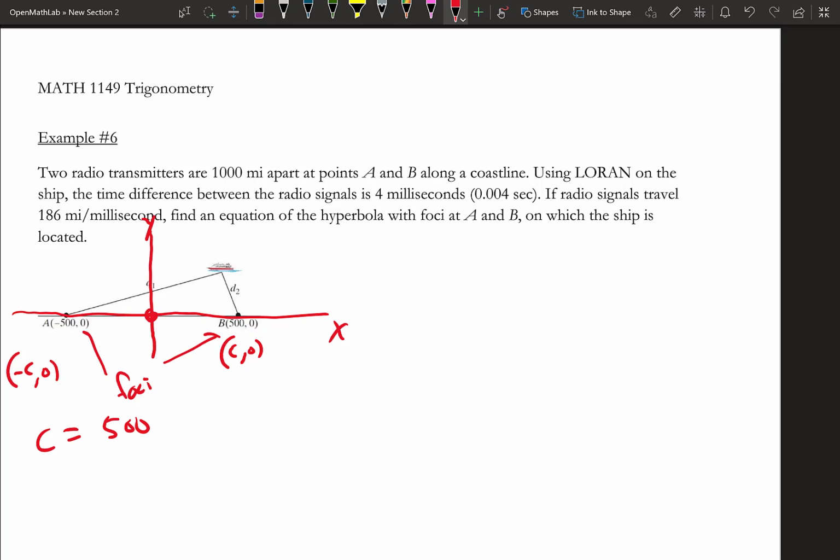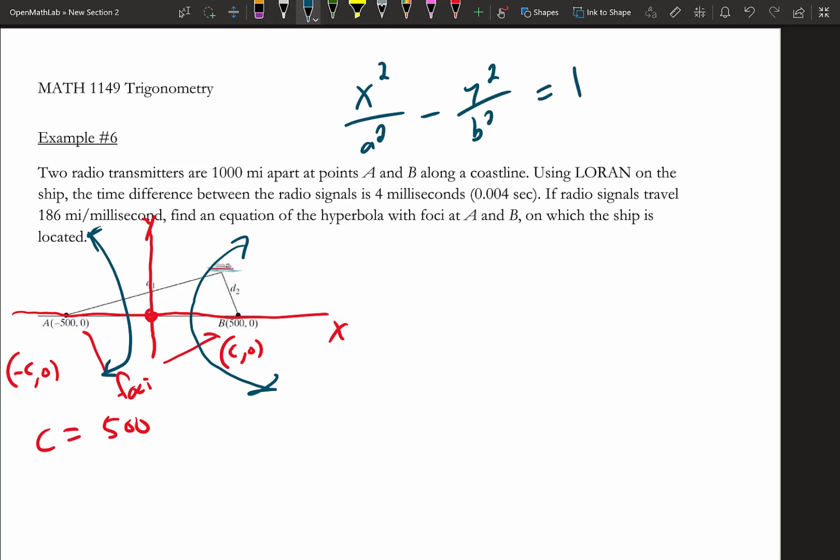Something else to note is that, if those are the foci, we're going to have a hyperbola that's opening left and right towards the foci. So that's going to be in the form x squared over a squared minus y squared over b squared equals 1. So I need to know what a is, and I need to know what b is. We need to try to figure that out.